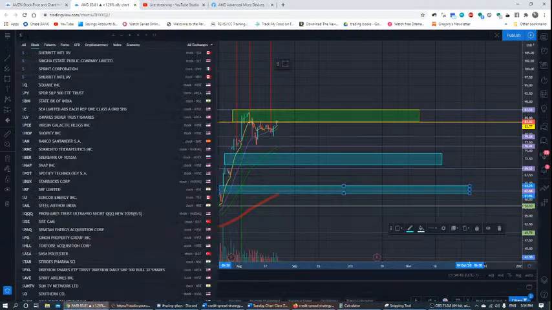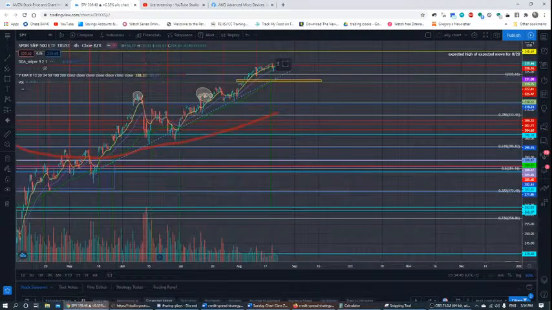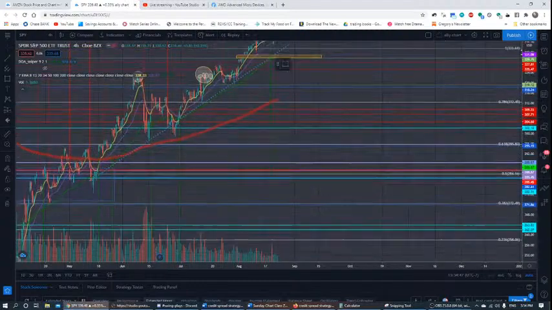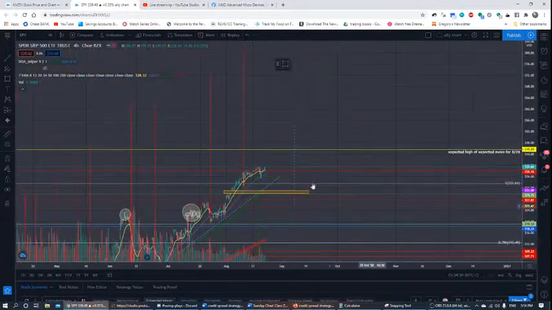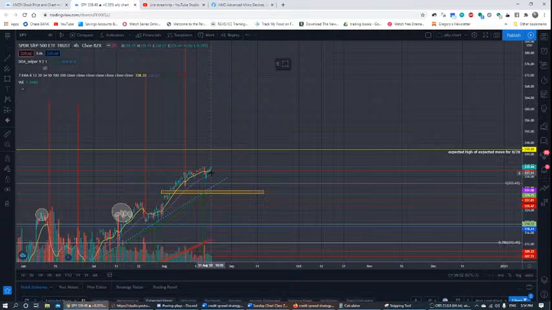The last one is SPY. I actually did the expected move thing again. Right now the market is set to go higher, and we're still in a bullish uptrend.